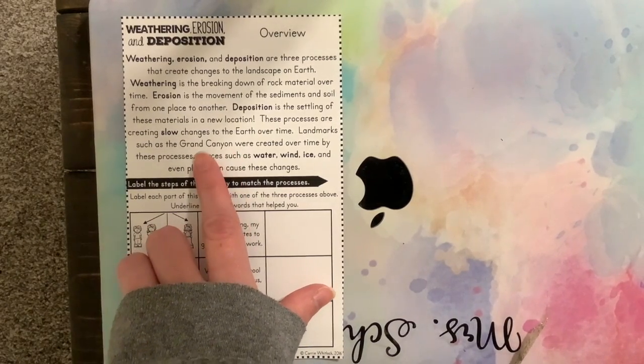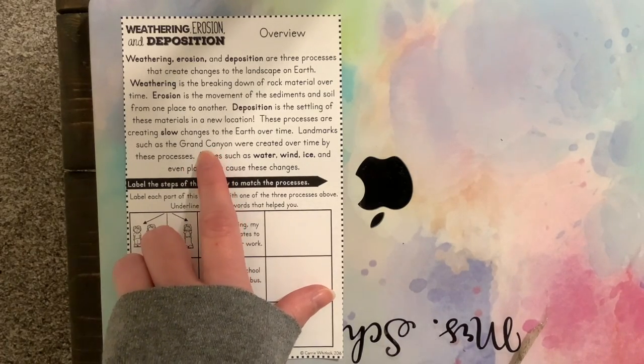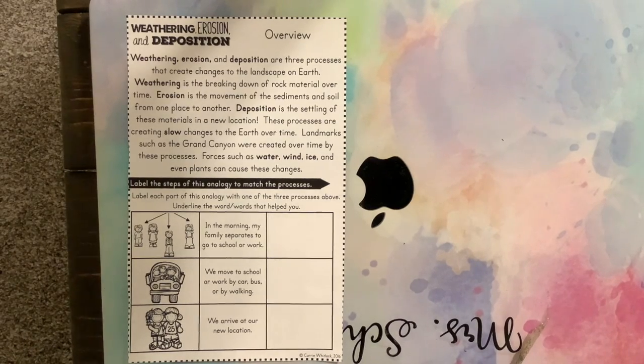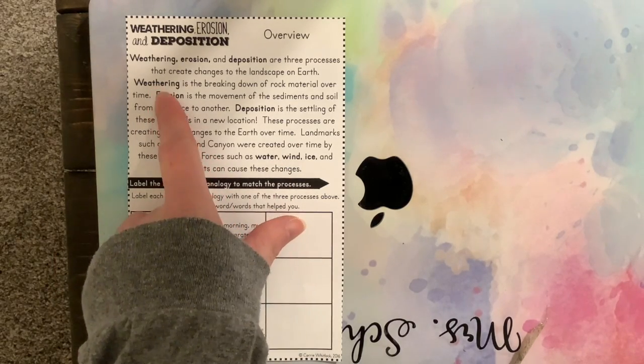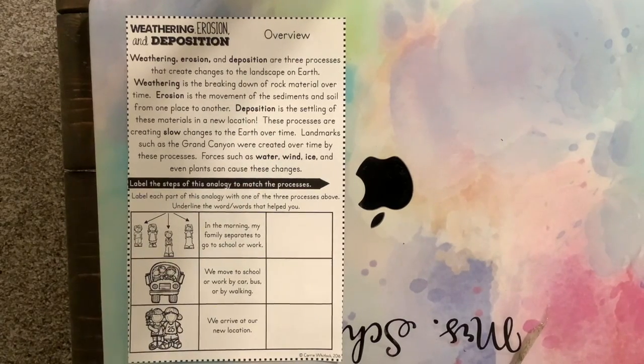I always think of Paul Bunyan when I think of the Grand Canyon because we read that folktale about Paul Bunyan creating the Grand Canyon with his axe. But now we know that's not true. It's created through all these processes. The rocks got broken down, they got moved, and they got put someplace else.